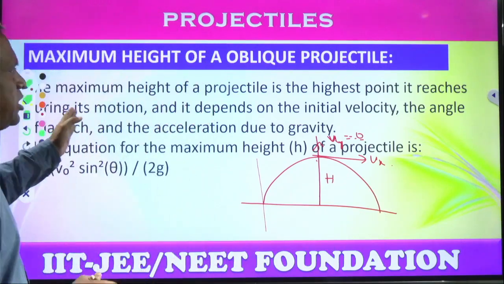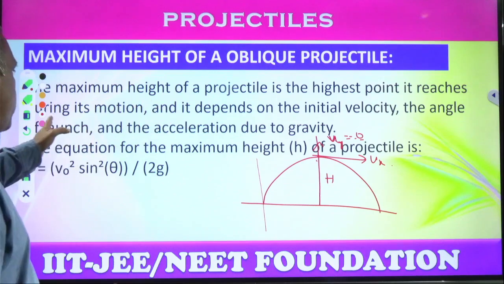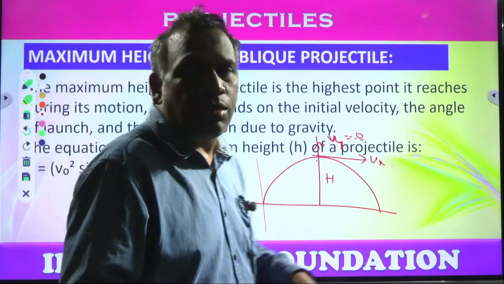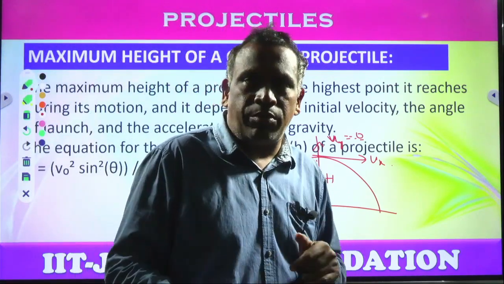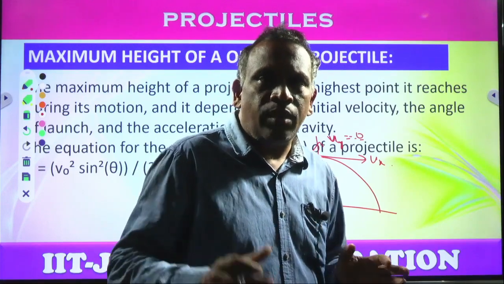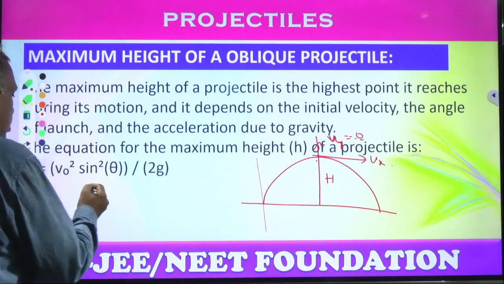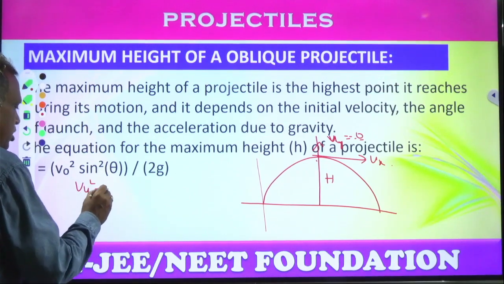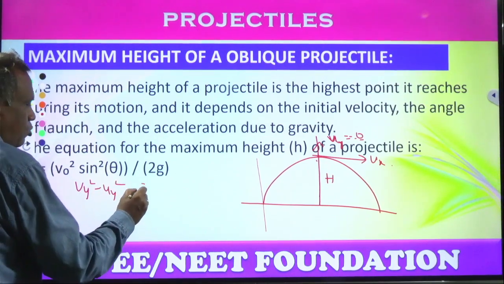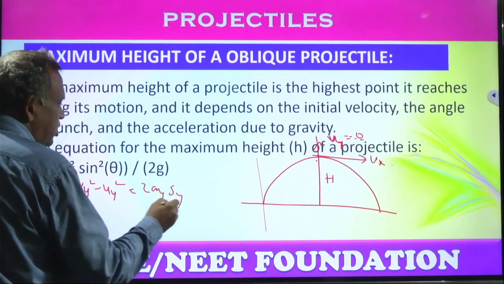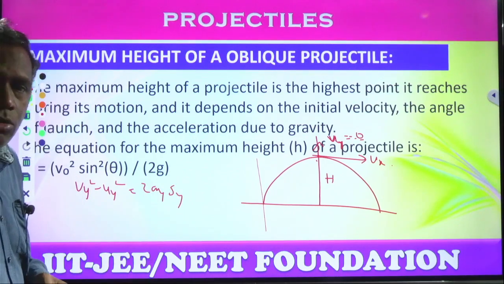So the maximum height of a projectile is the highest point it reaches during the motion. That is the vertical height. You can take vy square minus uy square is equal to 2 ay sy. By using this equation you can solve.